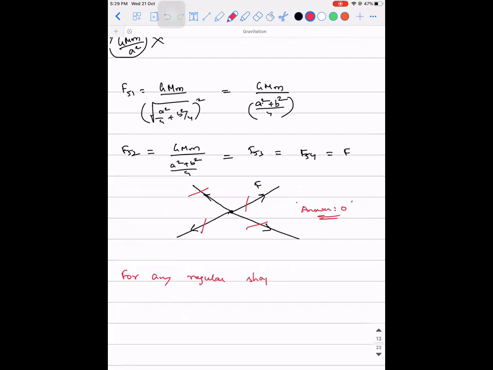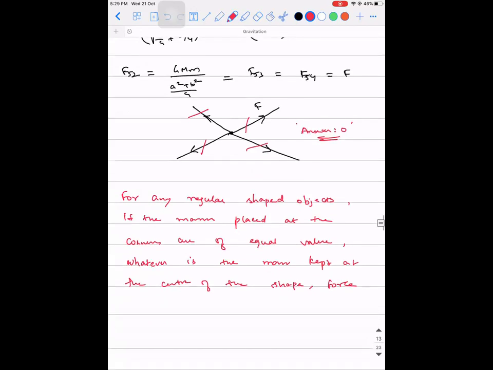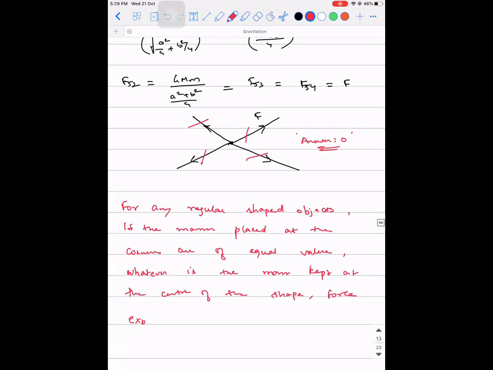For any regular shaped objects, if the masses placed at the corners are of equal value, whatever is the mass kept at the center of the shape, the force experienced by the mass at the center will be 0.